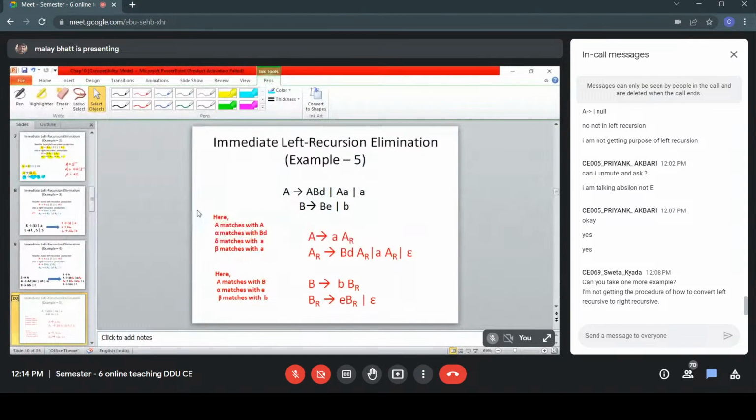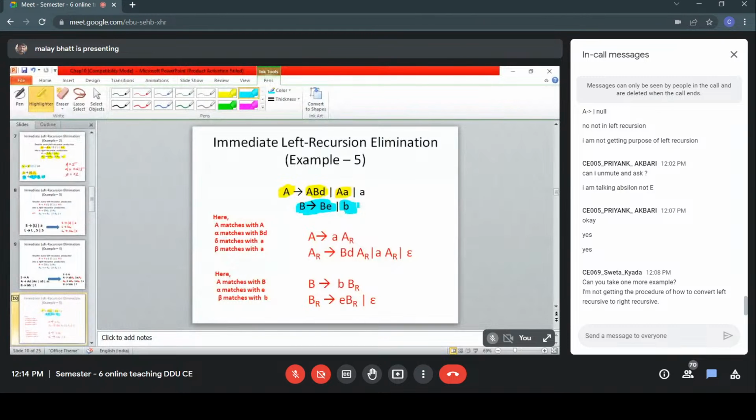We have left recursion in more than one rule, A gives ABD or AA. Also we have left recursion in the second rule, B gives BE or B. So now here A matches with A, alpha matches with capital B, small d, delta matches with small a, beta matches with A, that is a small a.